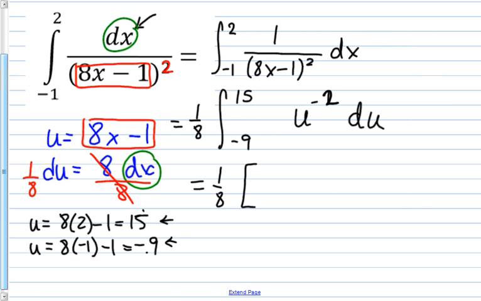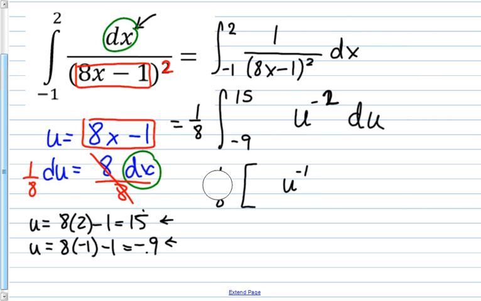Okay, so when integrating, you add an exponent. So now this is going to be u to the negative 1, but then you divide by the new exponent. So dividing by negative 1, I'm basically just making this function negative. And that negative is the same thing as that 1/8. I can just put that baby outside, and that way I don't have to worry about it anymore.